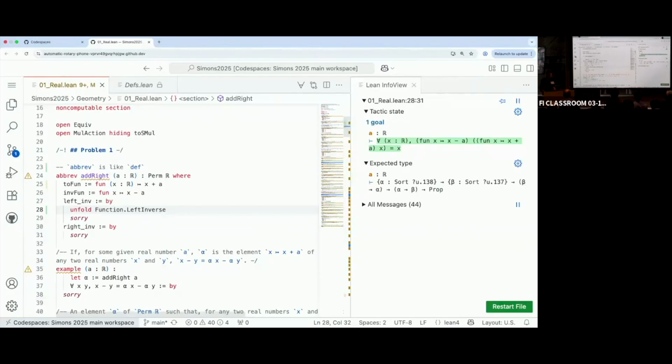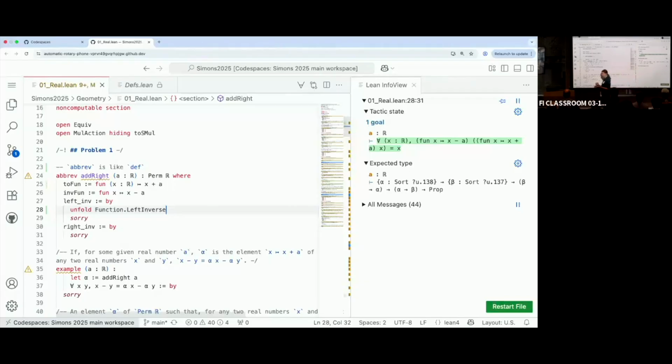For these lectures, I'm going to suggest using a variant of unfold called dsimp. dsimp is a lot like unfold, but it also takes apart sillier bits of notation like function application.